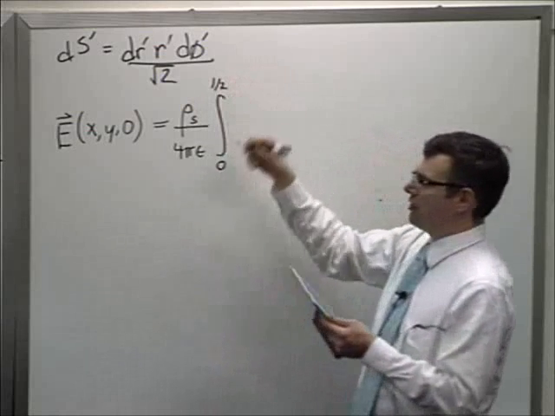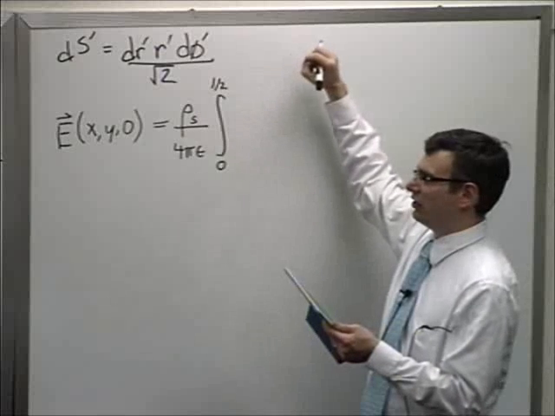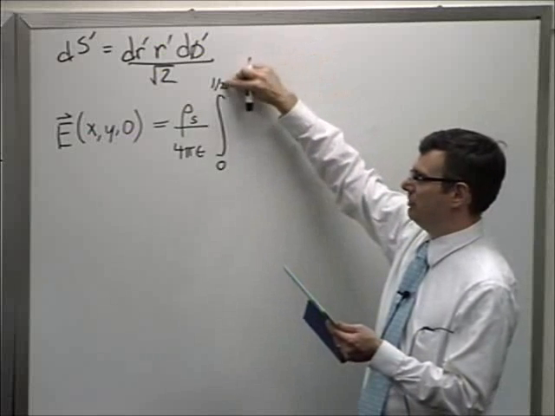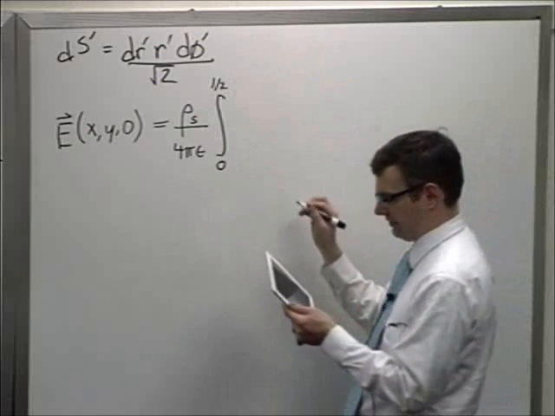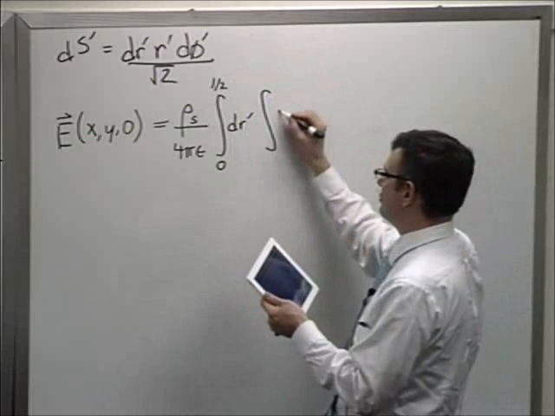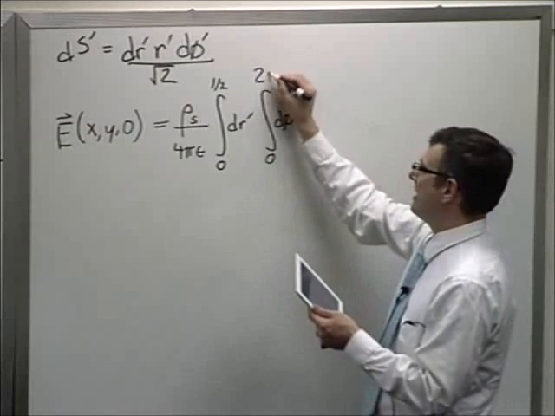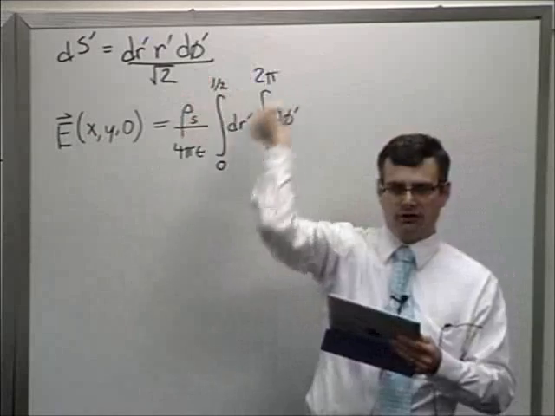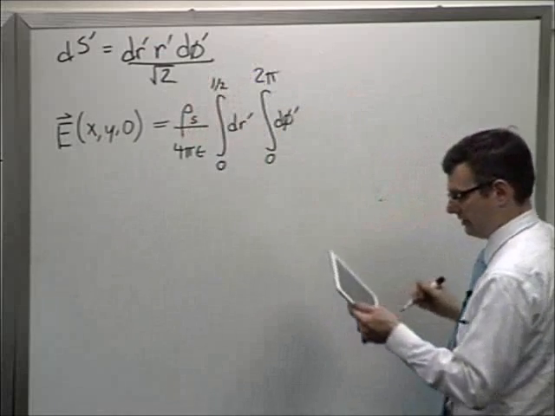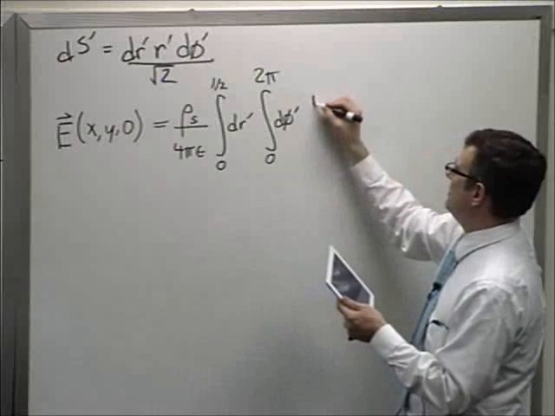The reason is we're going from 0, the point of the cone, to 1/2 meter according to the problem statement. So that should be my 0.5 meters there. It's going to be dr prime. I'm integrating my phi prime from 0 to 2 pi. I got to spin all the way around the world to get my cone.